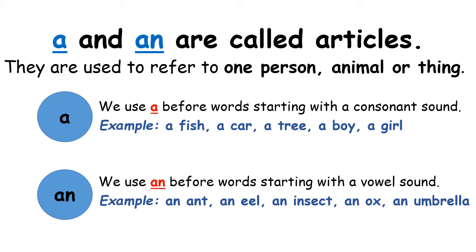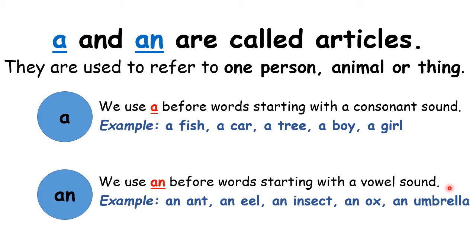Our first one says we use a before words starting with a consonant sound. We use an before words starting with a vowel sound. So listen carefully, class. Can you remember the 5 vowels?